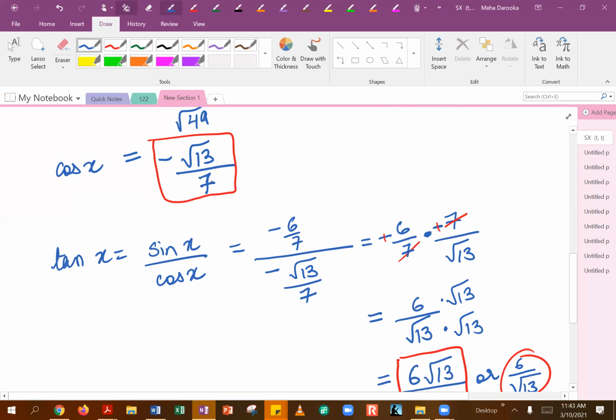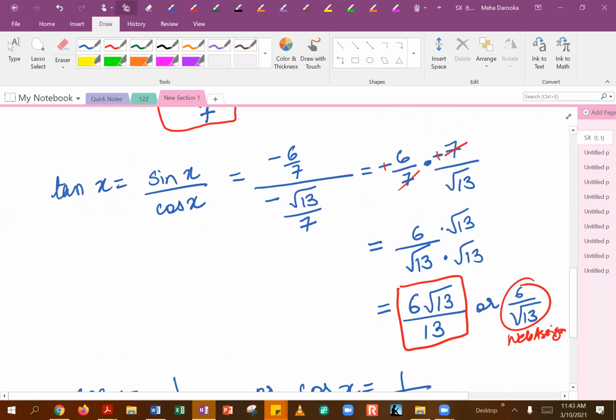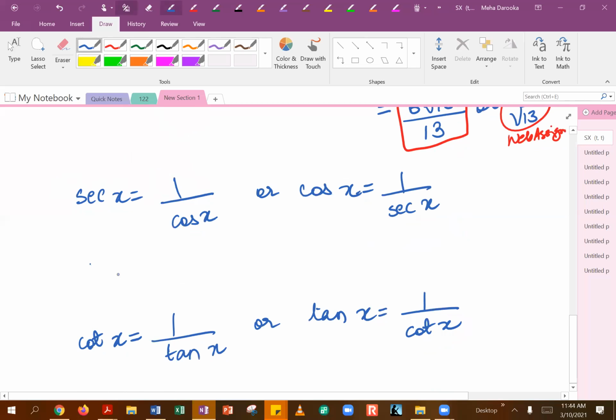Yeah, so basically, remember what I said, you can just invert your fraction to find your reciprocal function. So since cosine is negative square root of 13 over 7, when you're finding the secant function, you invert that. So the negative will stay, but then you have 7 over square root of 13.